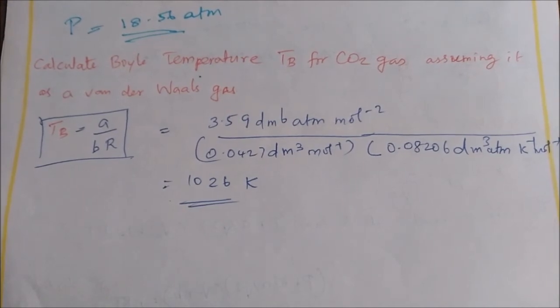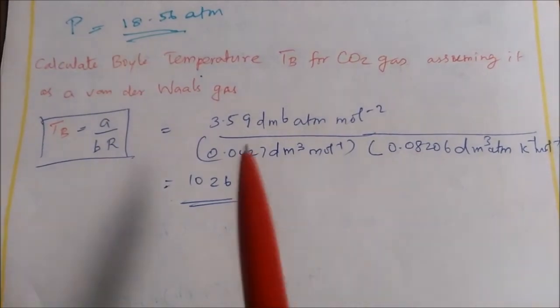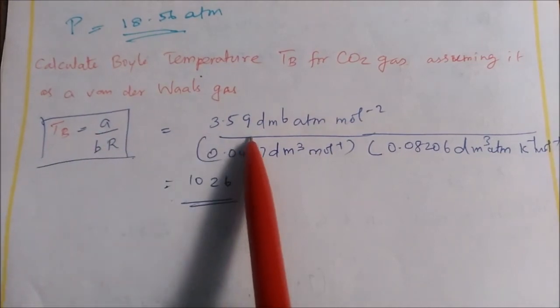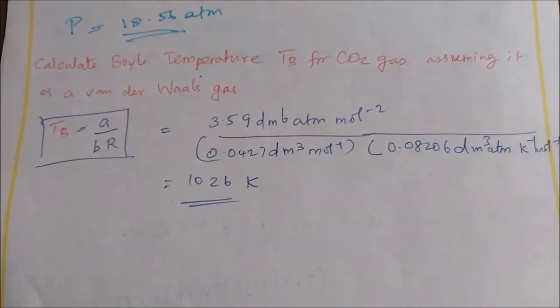And we have to substitute the gas constant. Since I have written the values in the previous problem, I did not repeat them, so we have to write the values again. The gas constant value a is 3.59 decimeter power 6 atm mole power minus 2.